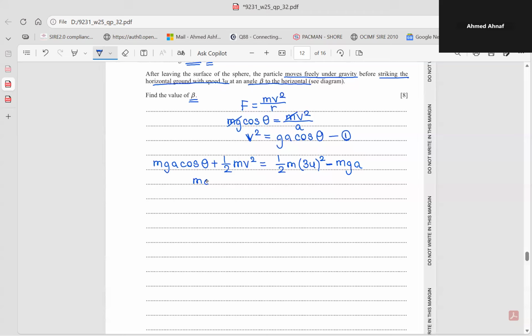Let's just simplify this first. Half mga cosine theta equals 9 over 2 mu squared minus mga.